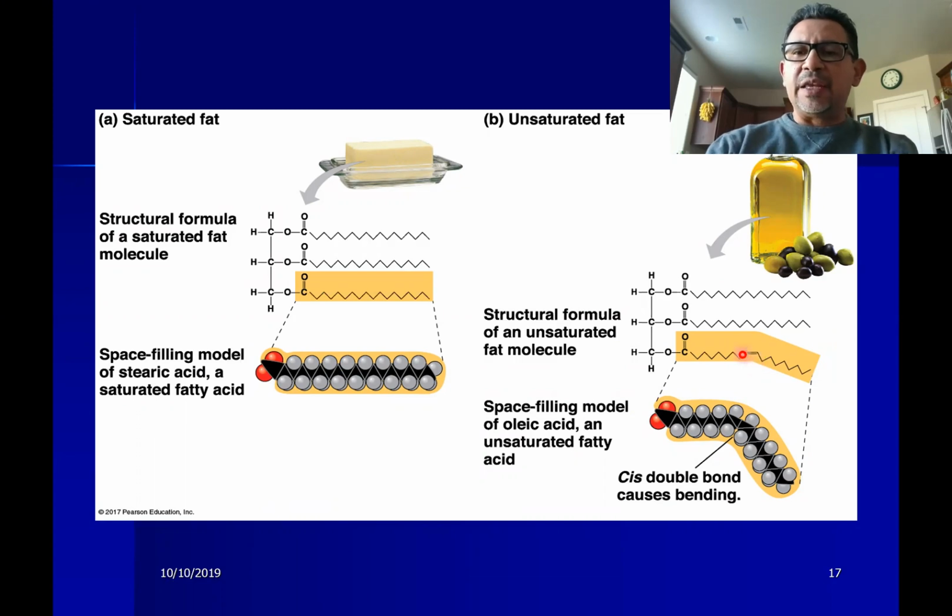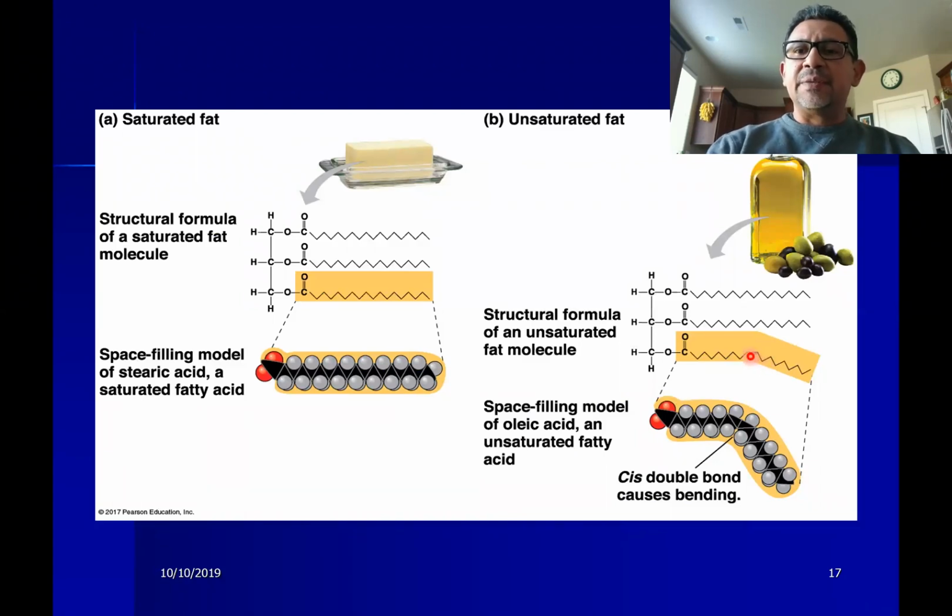Now each carbon here is going to be bonding only to 1 hydrogen. So these fatty acid tails are going to be unsaturated with regards to the numbers of hydrogens attaching to the carbons. Remember, this is an important detail.